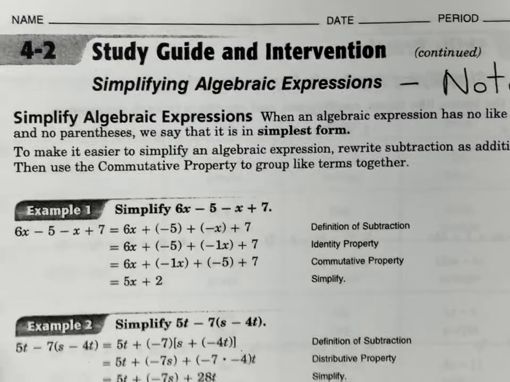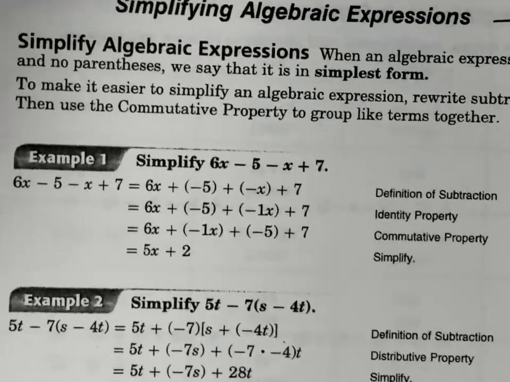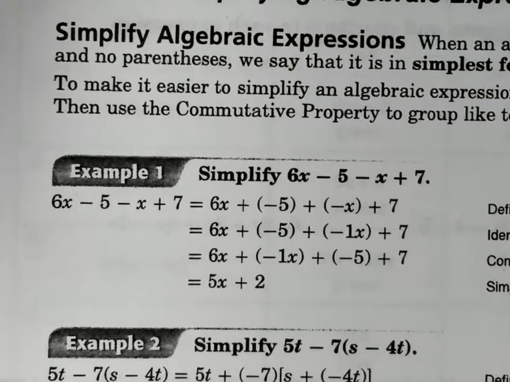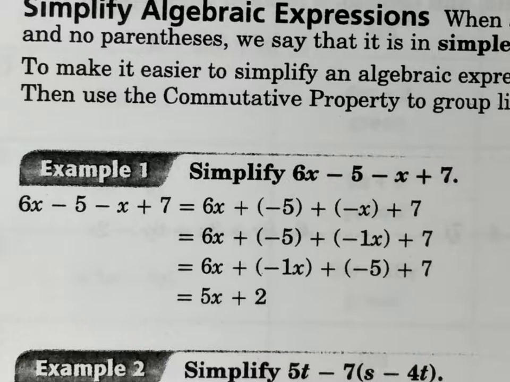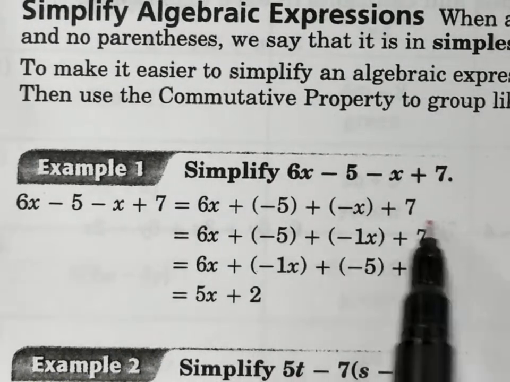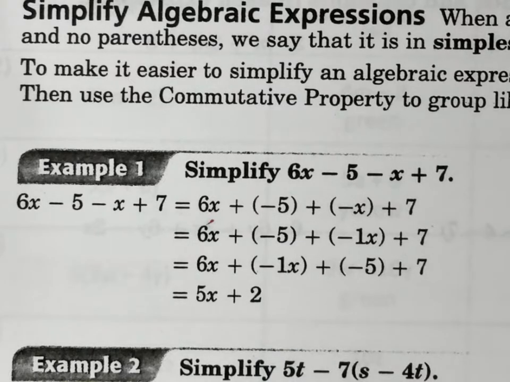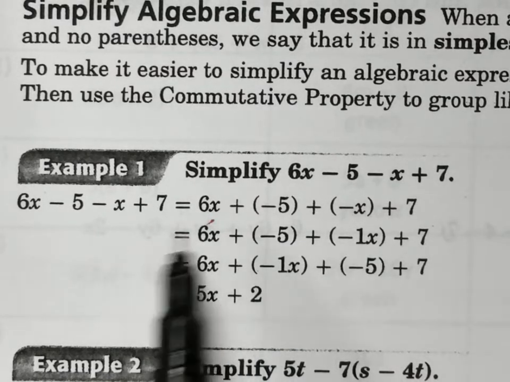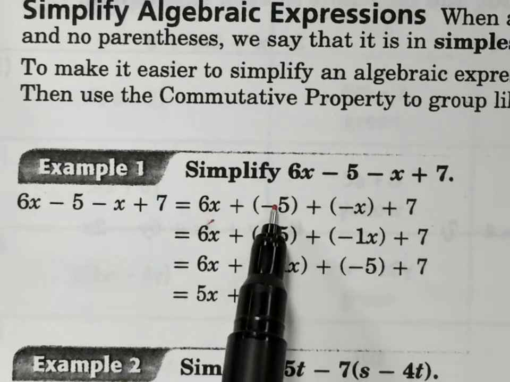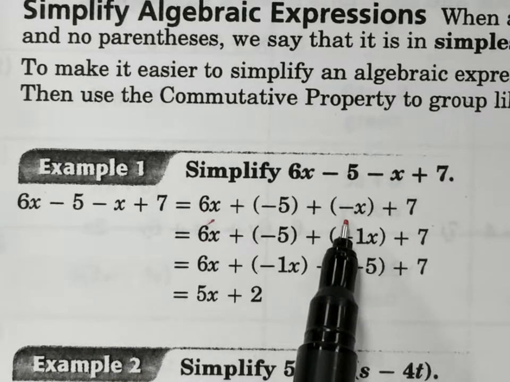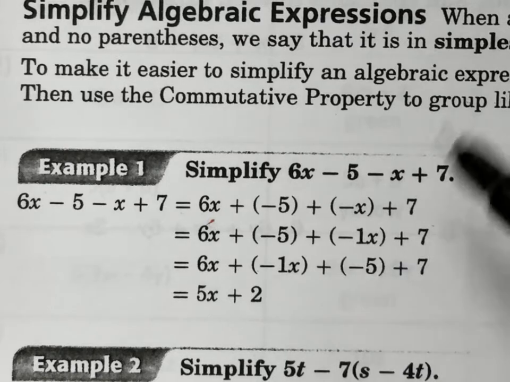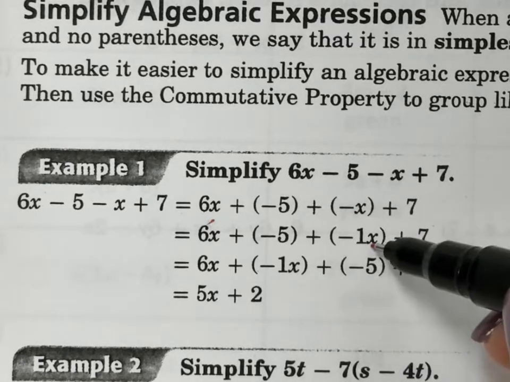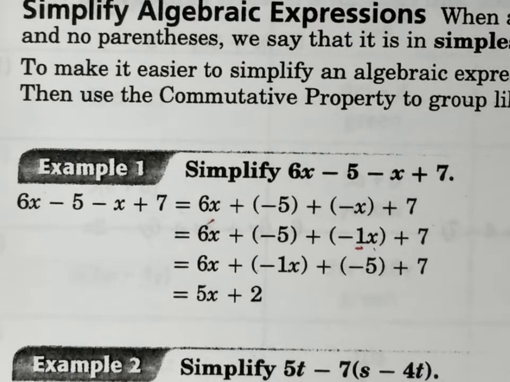If we look at the first example, number 1, we've got 6x minus 5 minus x plus 7. So the very first thing we needed to do is rewrite it as an addition problem. So I've got 6x plus negative 5 plus negative x plus 7. Remember that in front of that negative x is a negative 1x.